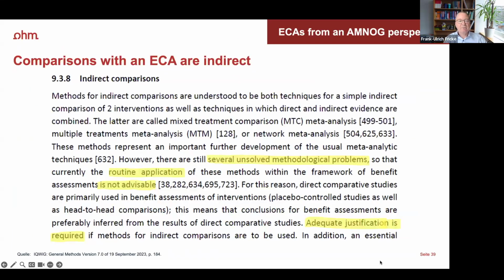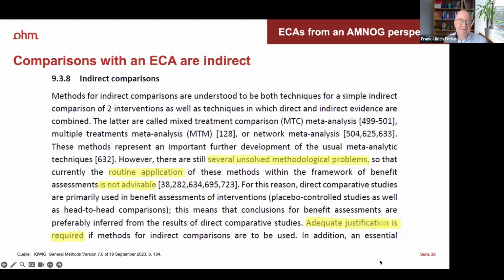And when it comes to indirect comparisons, then there is a section on that within the general methods that are used for assessing evidence within the clinical assessment as a preparatory act of the reimbursement price negotiations and prior to the final resolution of the GBA on the additional benefit. So first of all, routine application is not advisable. I highlighted that. And if you go for indirect comparisons, adequate justification would be required.